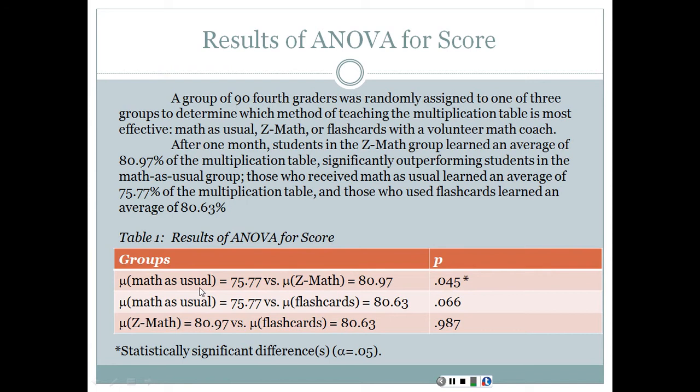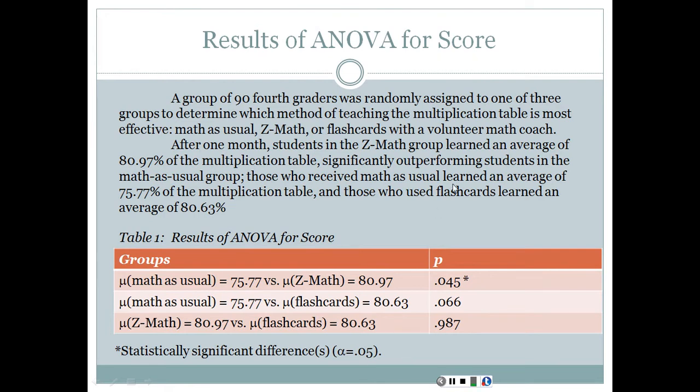So the math as usual mean versus the Z math mean, these are the 2 means here, and this shows a p-value. We have math as usual versus flashcards, p-value, and Z math versus flashcards, this is the p-value here. And I indicated with an asterisk where it was significantly different at a p-value of 0.05.